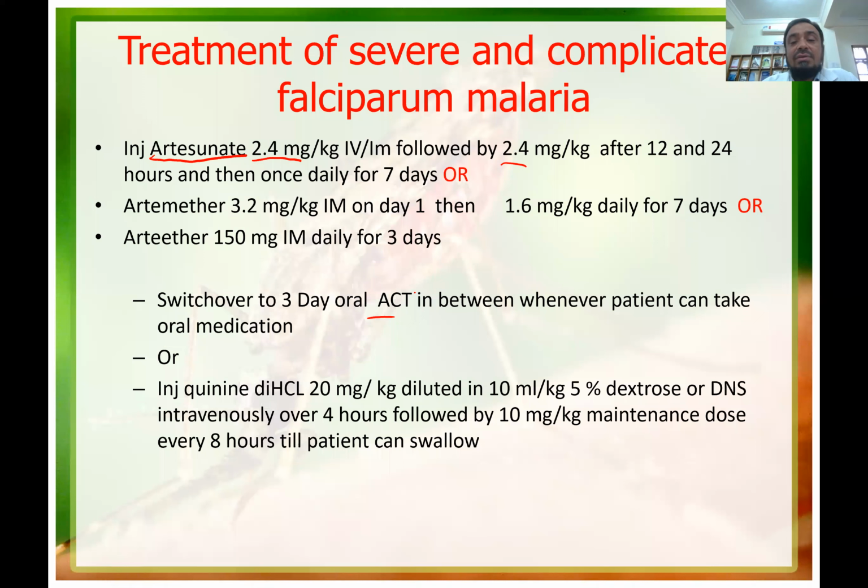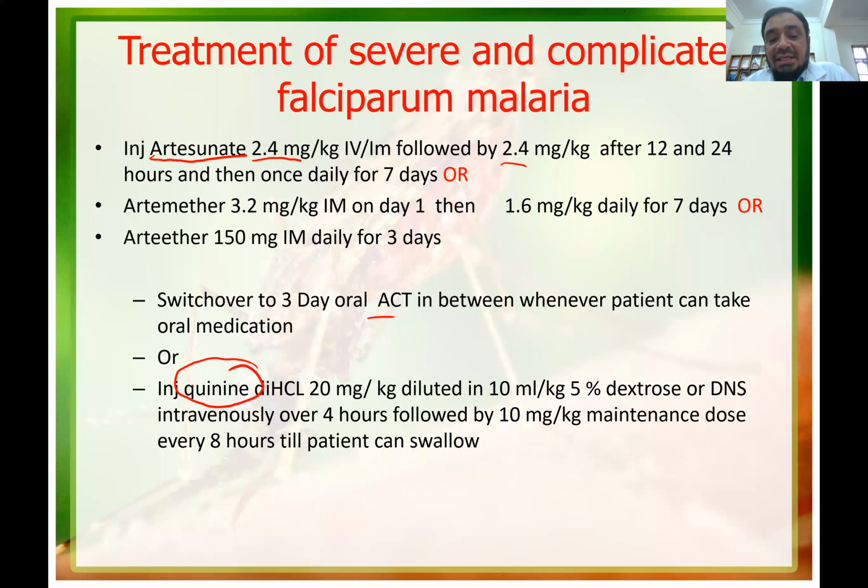If you cannot use these artemisinin compounds, like in the first trimester of pregnancy, where artemisinin compounds are contraindicated, so in a pregnant lady with severe falciparum malaria, you have to use quinine.